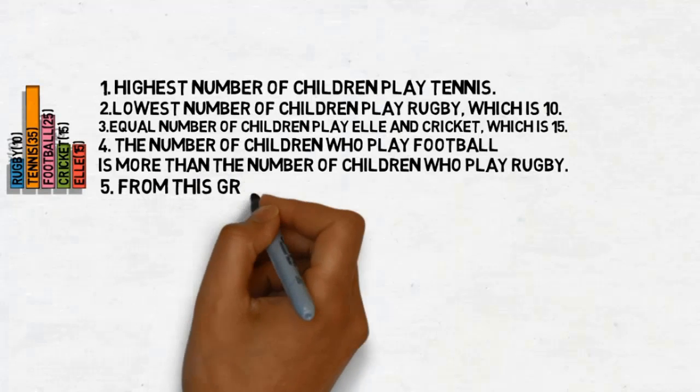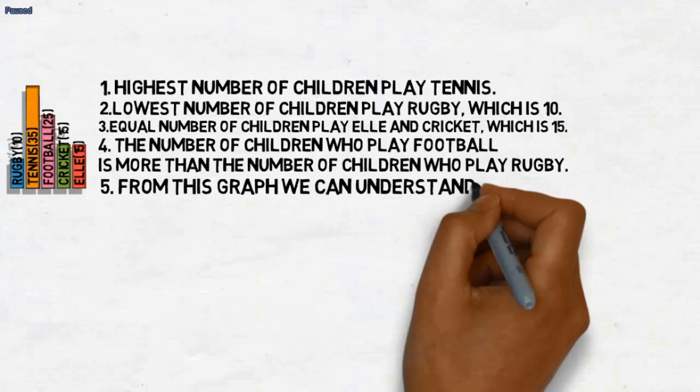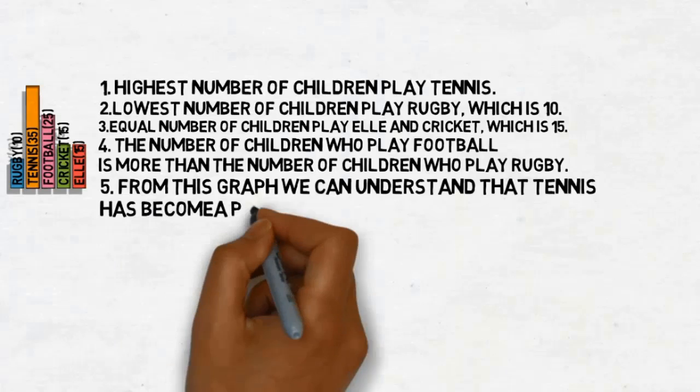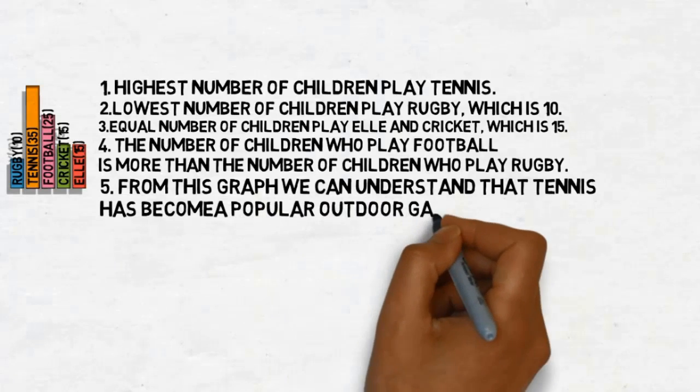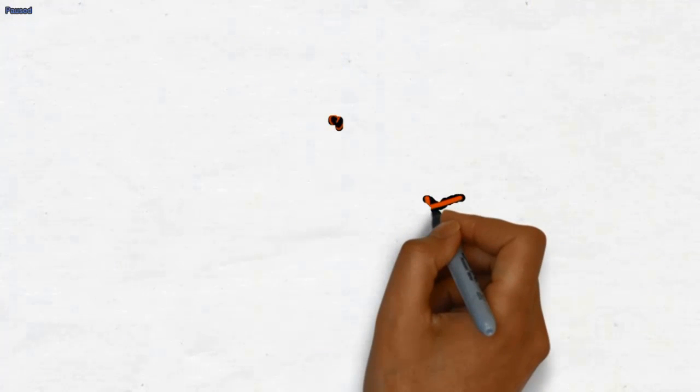And you can say from this graph we can understand, what can you understand from this graph? You can write that as well. You can understand that tennis has become a popular outdoor activity. So this is how we complete the activity. It's quite simple, and you can make it into a paragraph of 100 words. I am giving you a very basic layout as to how you can complete this activity, right?